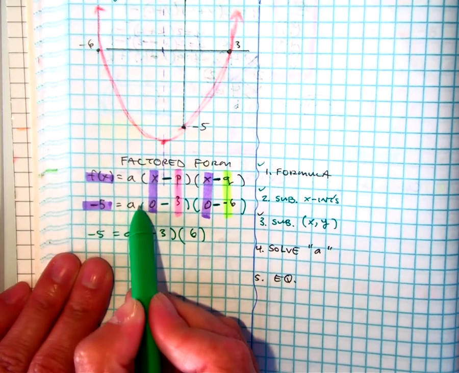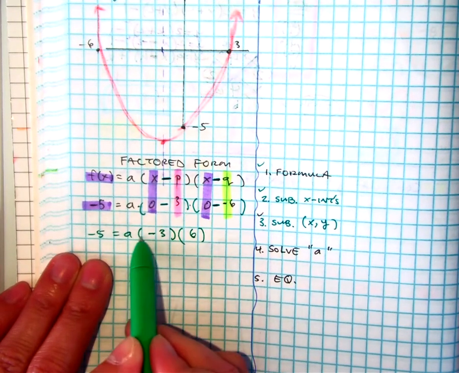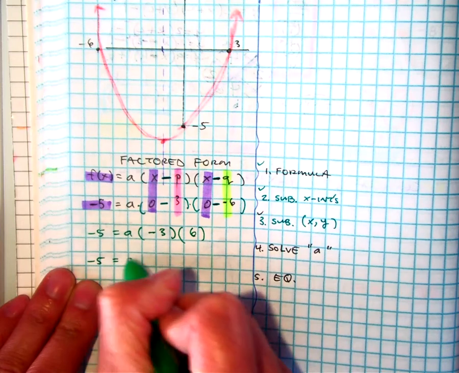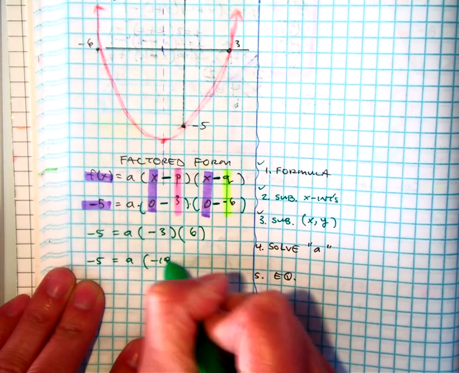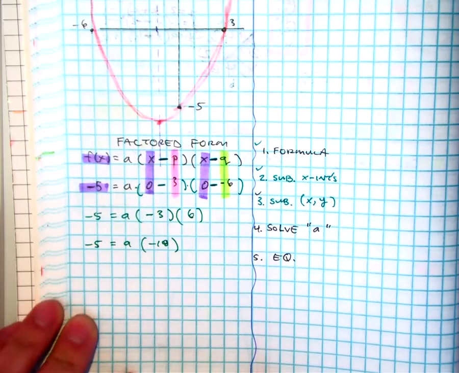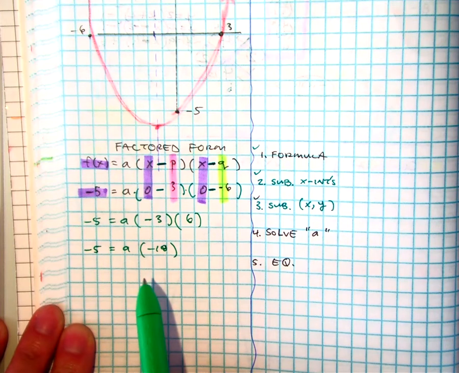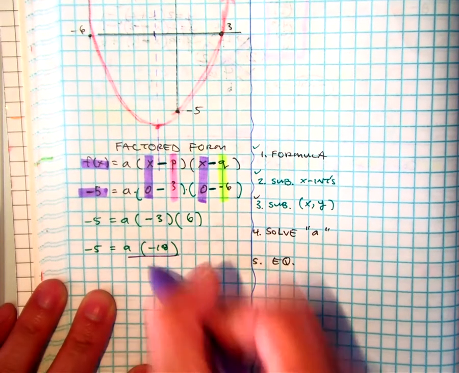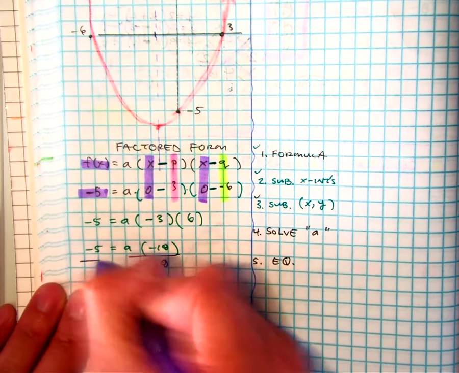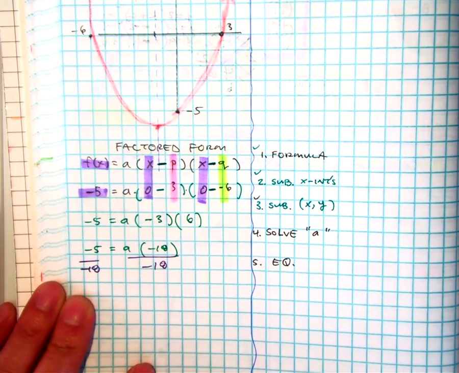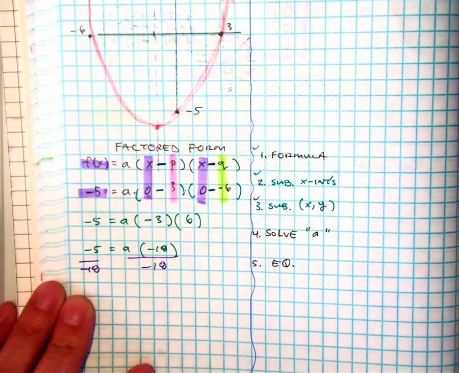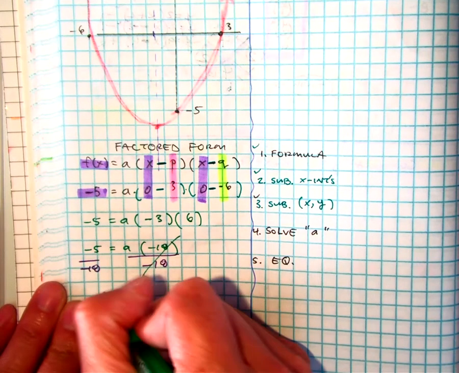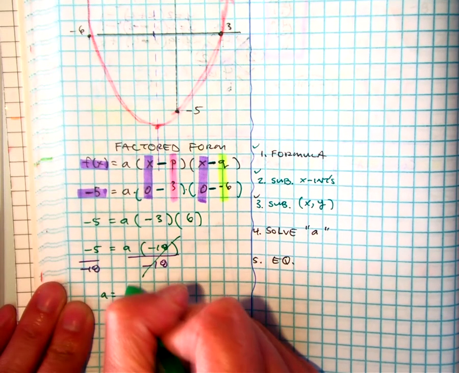Remember here you have multiplication, so negative 3 times 6 is negative 18. To get rid of the negative 18, should I add or divide? Divide. These will cancel, so that equals 1. And a is equal to positive 5 over 18.